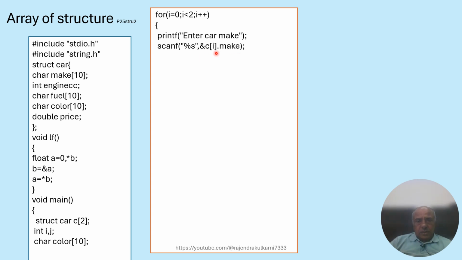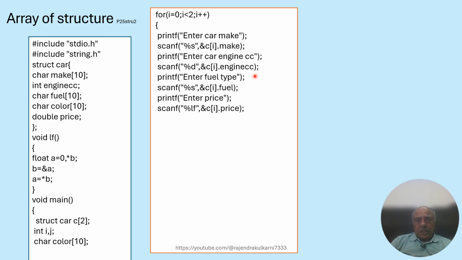We can see here, as i changes from 0 to 1 and so on, each element of the array of structures c will get initialized with the user inputs. Then we ask the user to input car engine cc, then enter fuel type, then ask him to enter price and also prompt the user to enter car's color.